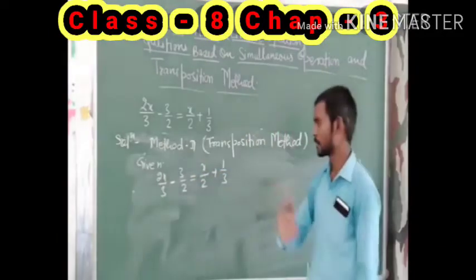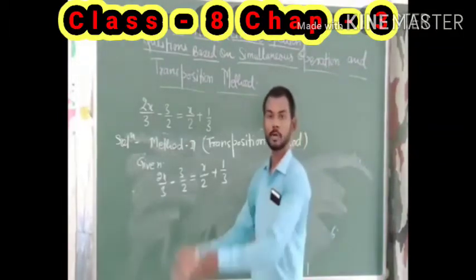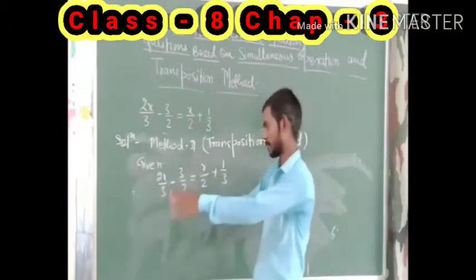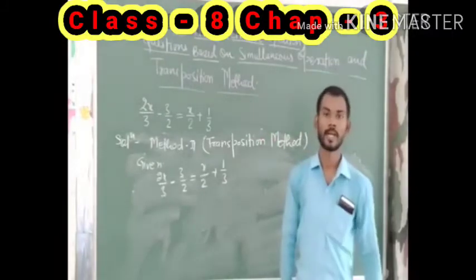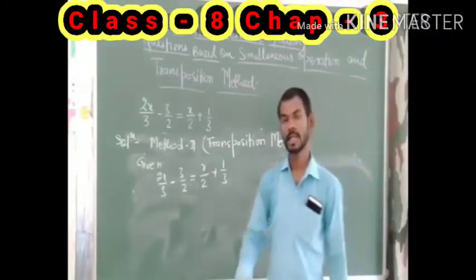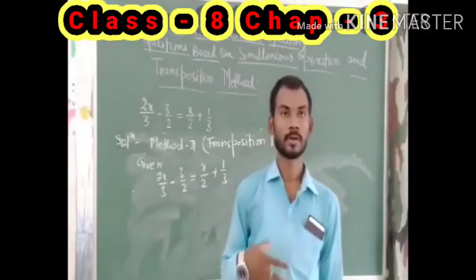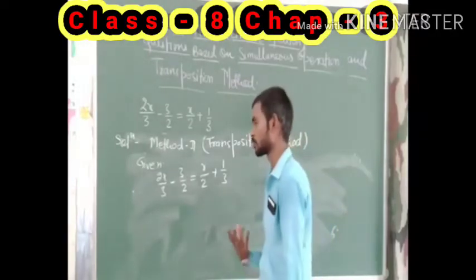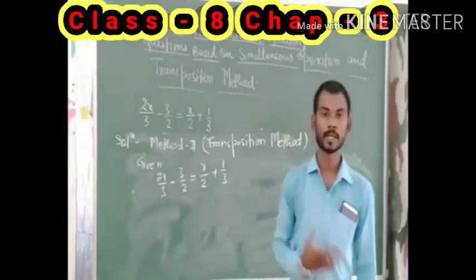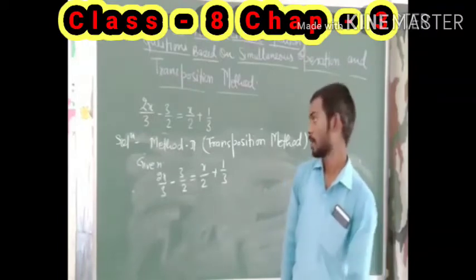Here we transfer the variable quantities to the left hand side and the constant quantities to the right hand side. In the last video, I gave you some rules to solve linear equations in one variable by the transposition method.